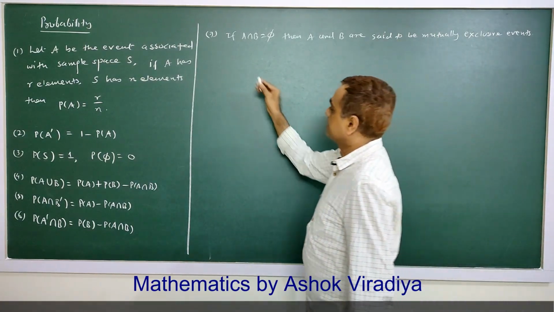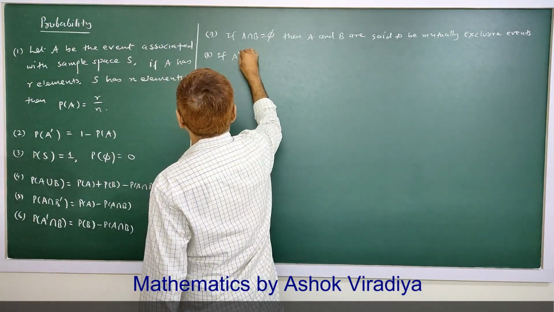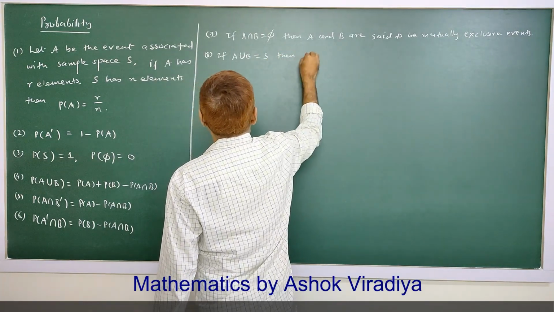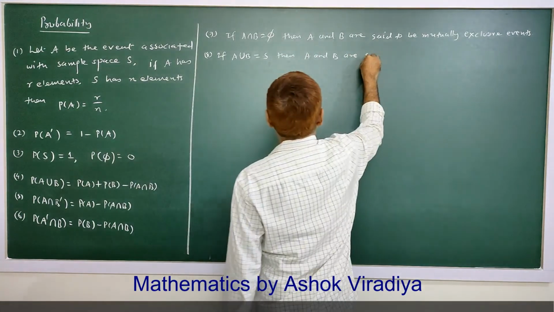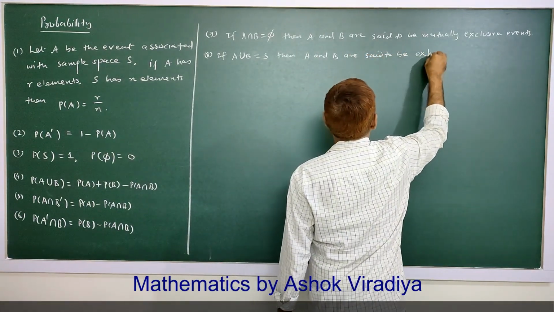If union of two events is sample space S, then A and B, these events are said to be exhaustive events.